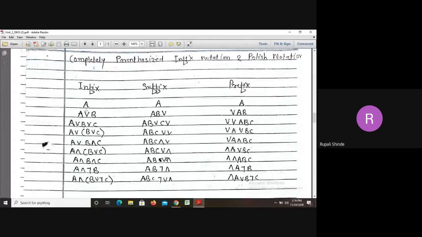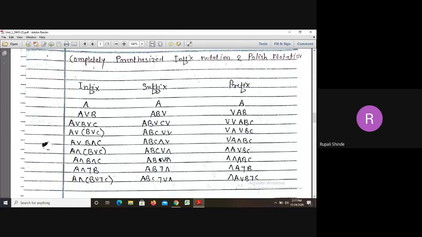Now consider the next example, A or B. This is infix form, because the operator is in between operands. Now we have to convert this into suffix and prefix form. While converting into suffix form, we take the operator after the operands, so A, B, or is its suffix form.